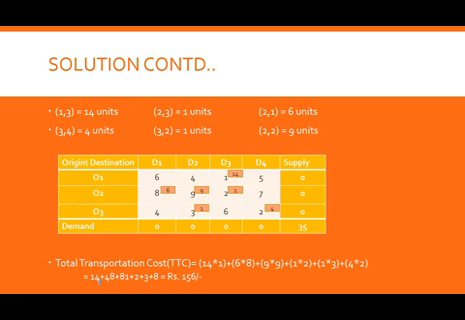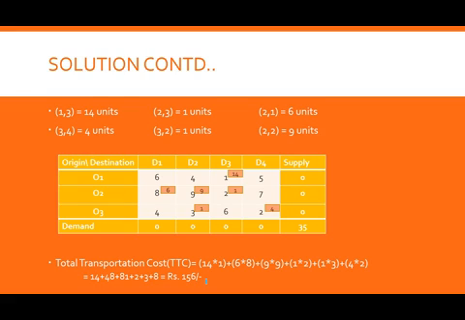So 14 ones are 14, 6 eights are 48, 9 nines are 81, 1 twos are 2, 1 threes are 3, 4 twos are 8. So I get 14 plus 48 plus 81 plus 2 plus 3 plus 8.